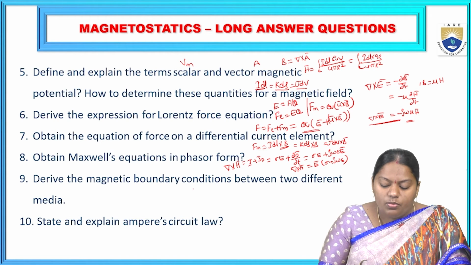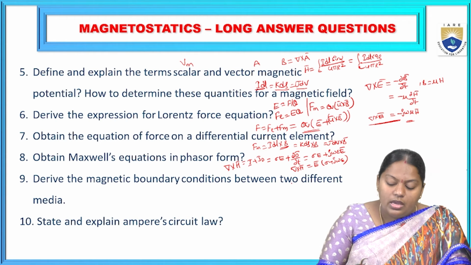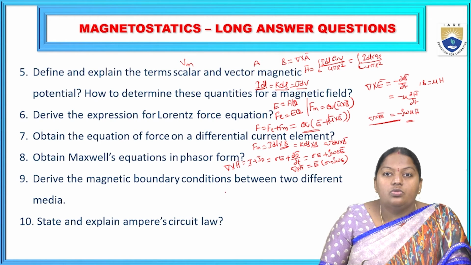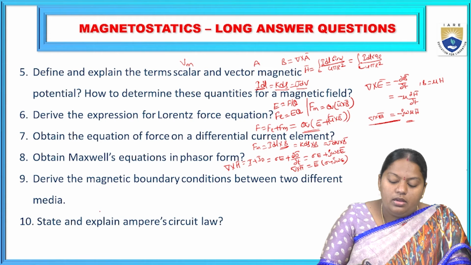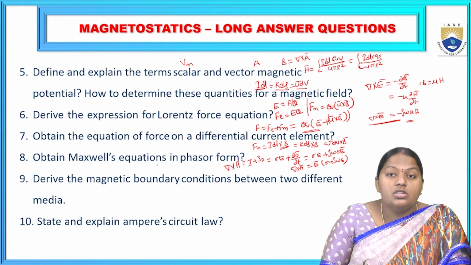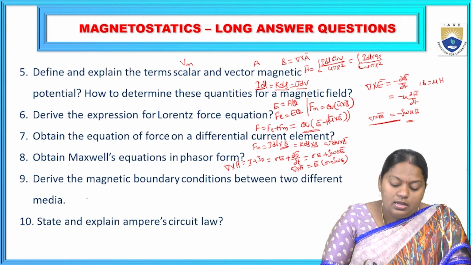Next, derive the magnetic boundary conditions between two different media. In order to derive the boundary conditions between two magnetic media, we use two Maxwell's equations for static magnetic fields.